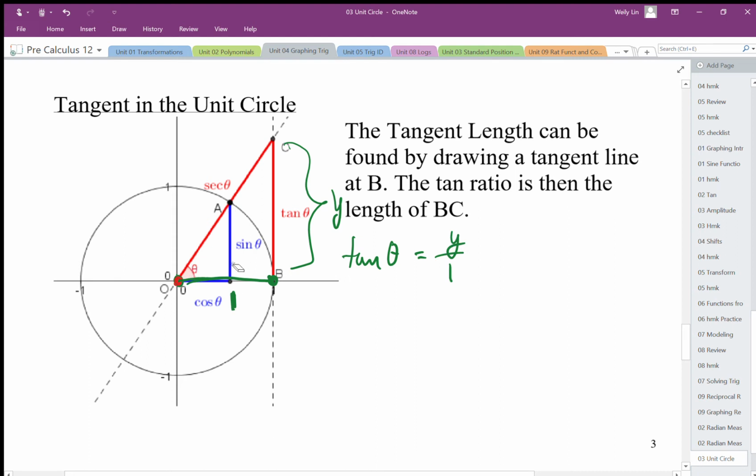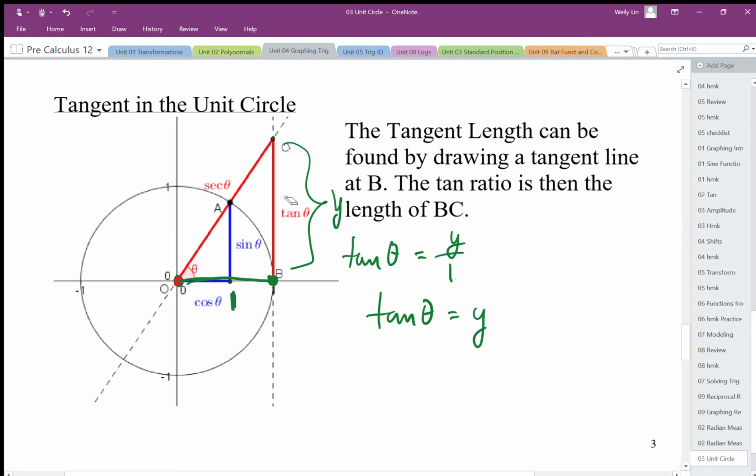This tangent, y over x. Well, what that means then, if the denominator is 1, we can just say that the y value, this height, this length here, is equal to tan. And so tan shows up as a length in the unit circle. So not just slope, right? We understand it as slope, but it's also now a length. There's actually a length associated with it in the unit circle, and we can do geometry on this.